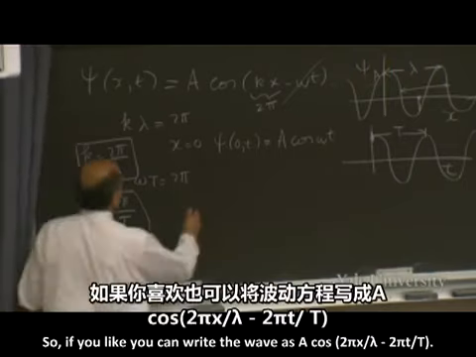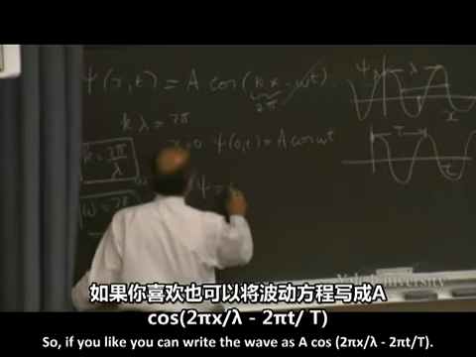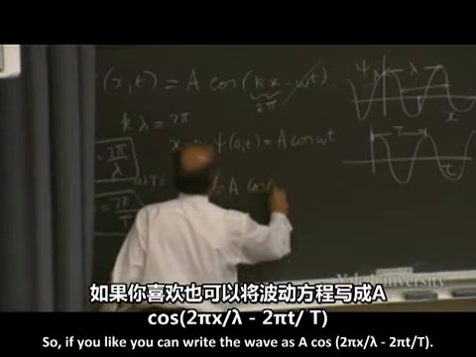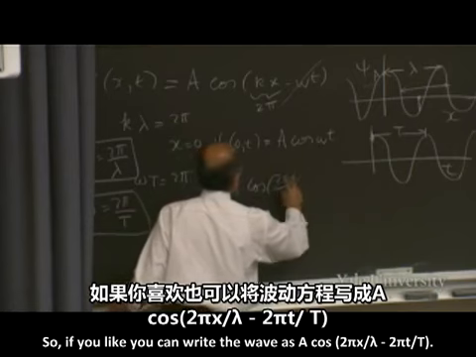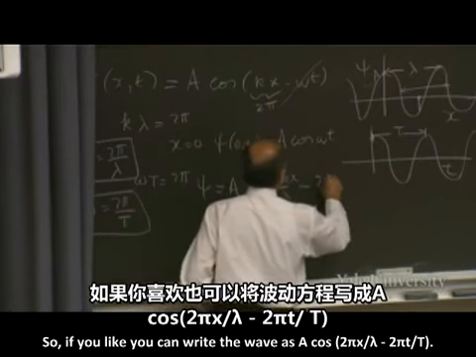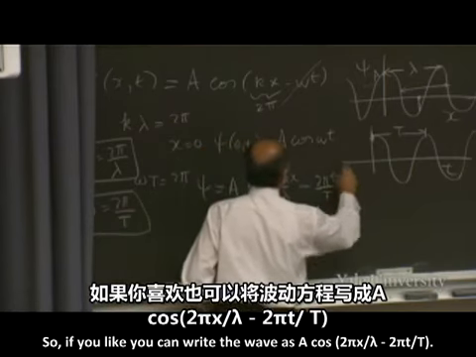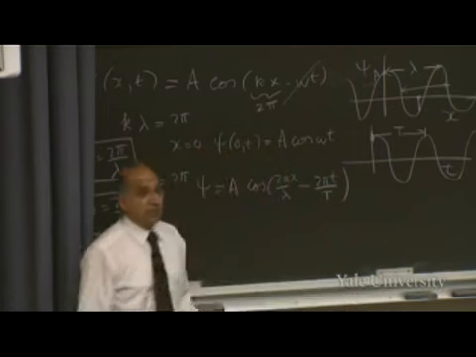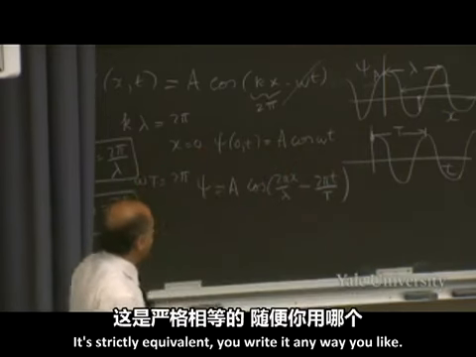So if you like, you can write the wave as a cosine 2 pi x over lambda minus 2 pi t over capital T. They're strictly equivalent. You write it any way you like.